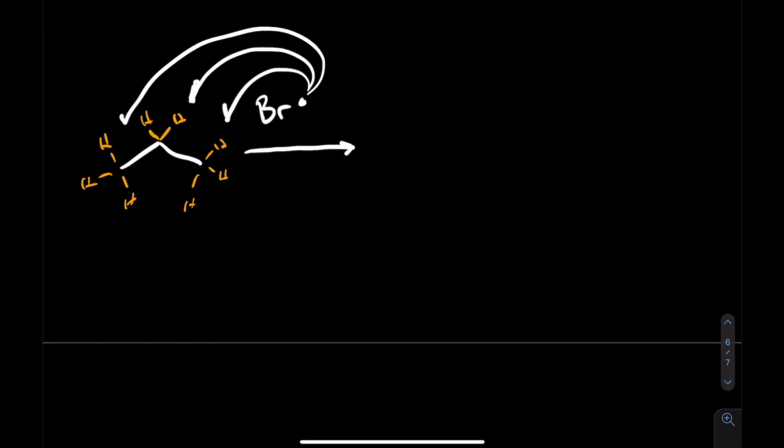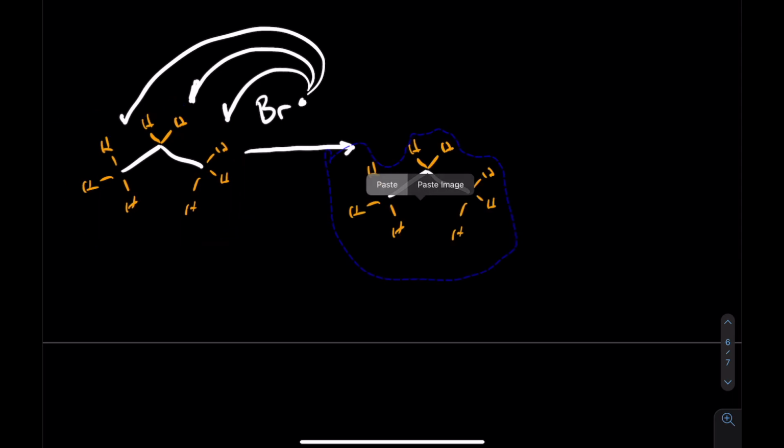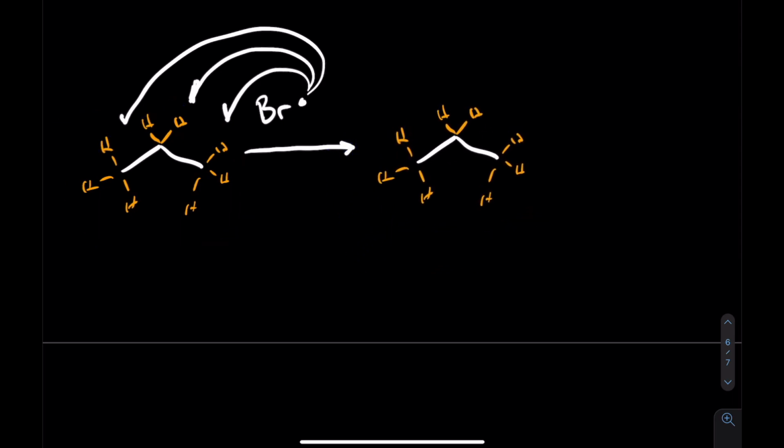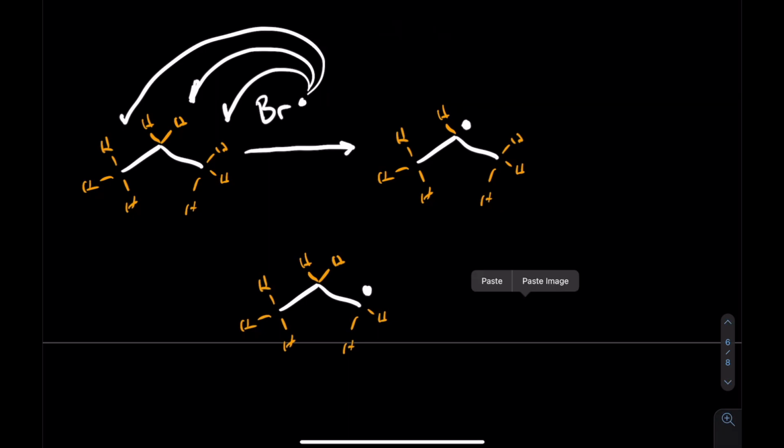One intermediate is going to be one where, and we're going to do it twice, we have either a radical here, or we have a radical here, essentially. Because this is essentially symmetrical. If you want to be super complete.